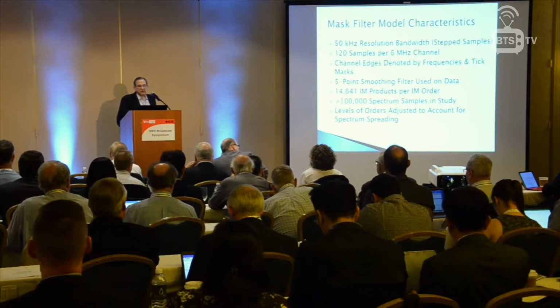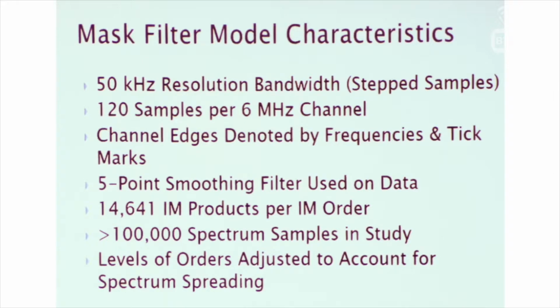So you'll see coming up that I've done a number of spectrum plots based on those power analyses. Each of the matrices involves 121 points in the channel. You square that, you get 14,641 IM products for each IM order, and we'll be going through that.